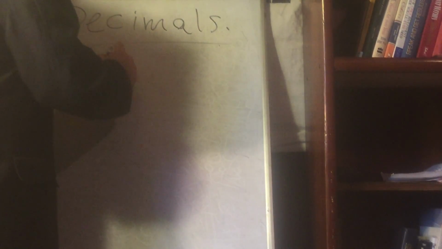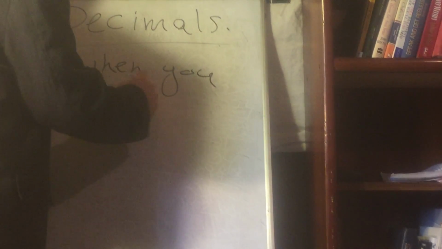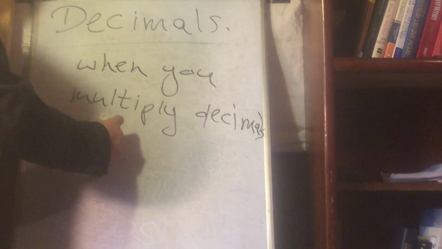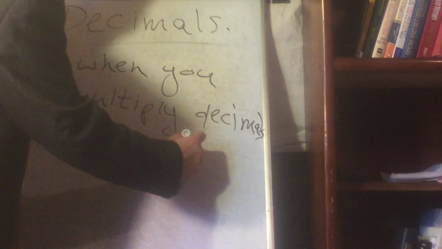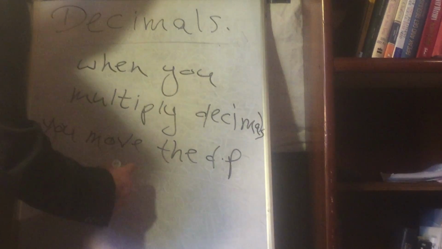In multiplication, let's say when you multiply decimals, please write this down. You move the decimal point to the right.